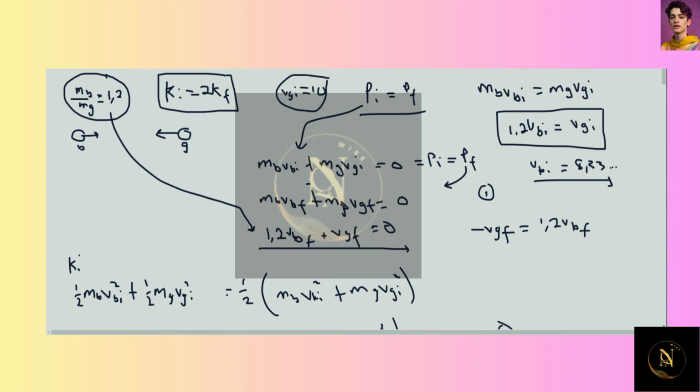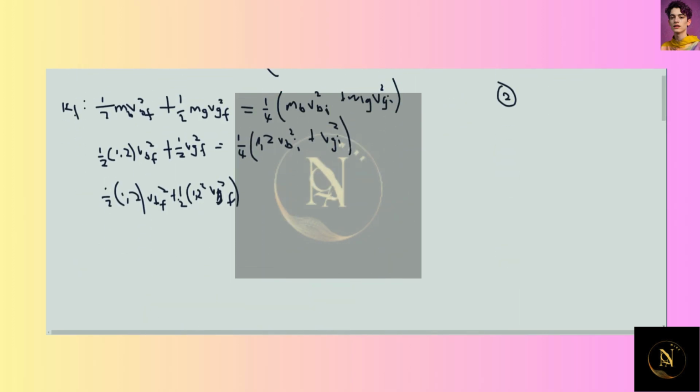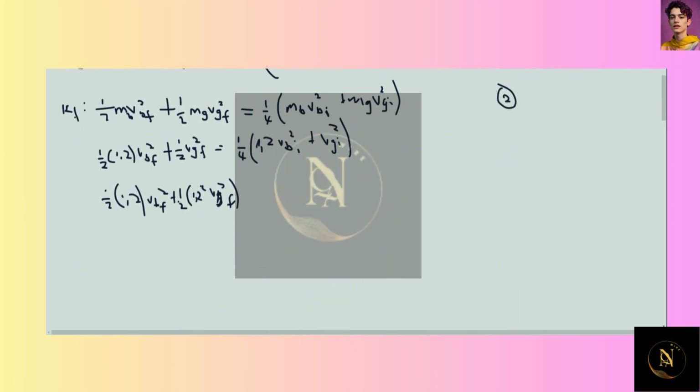So now you have vBi, you have vGi, and now you go back to this equation where you have vBf only, and now you have all these terms here. So this is the 8.333 and this is the 10. So that's 1.2, that whole expression squared plus 10 squared.